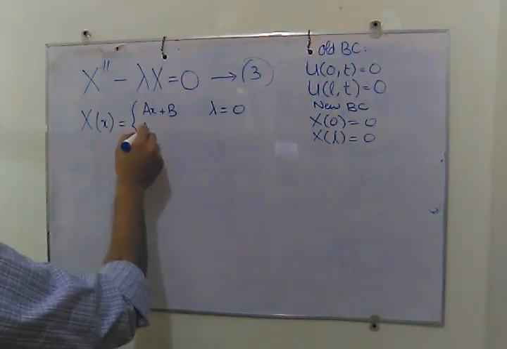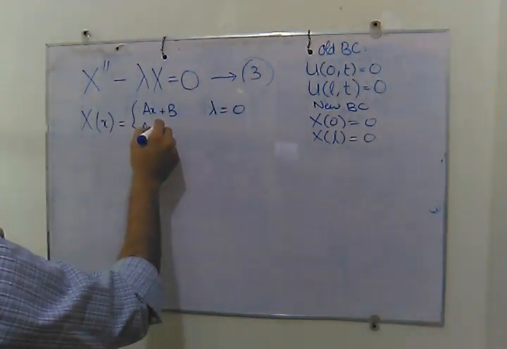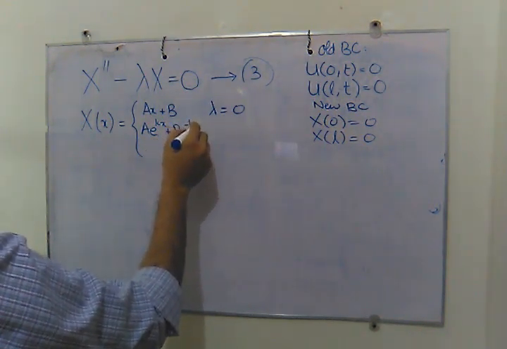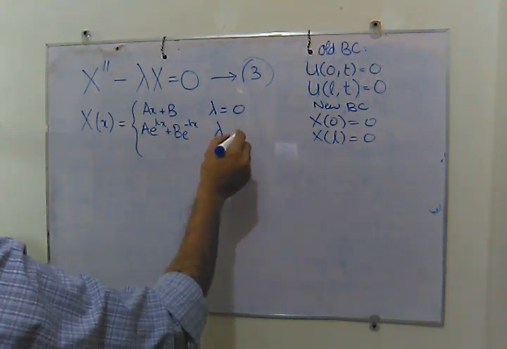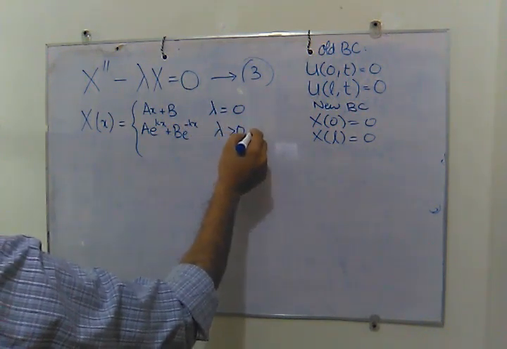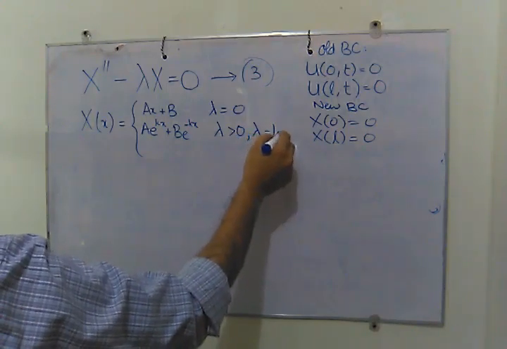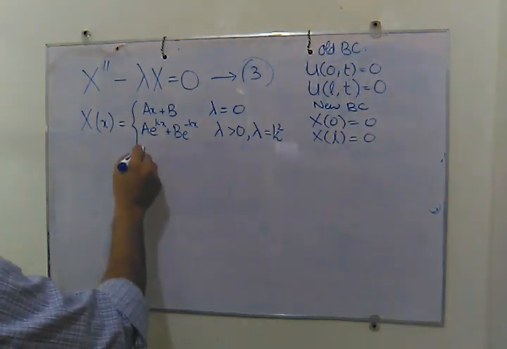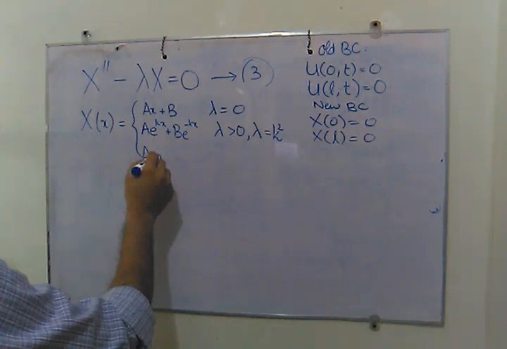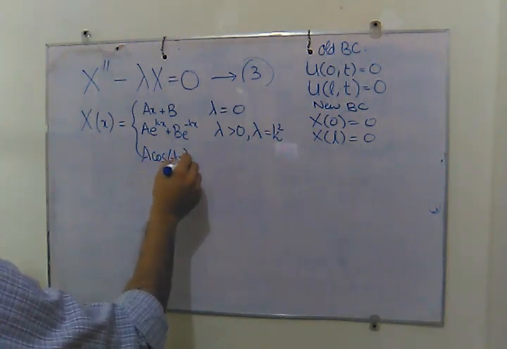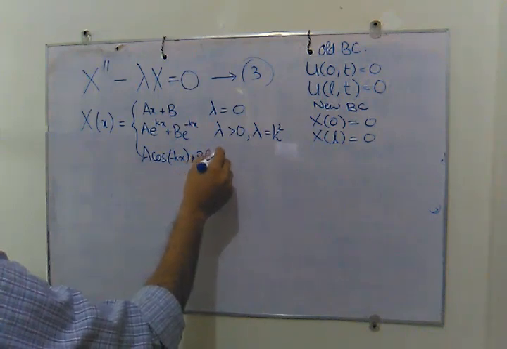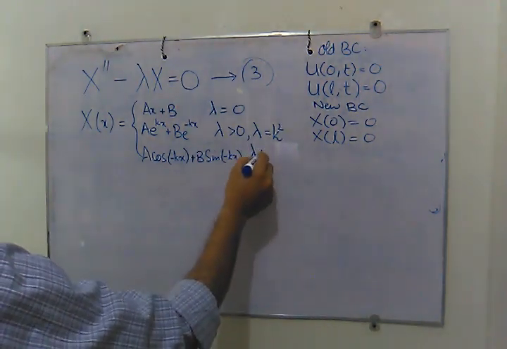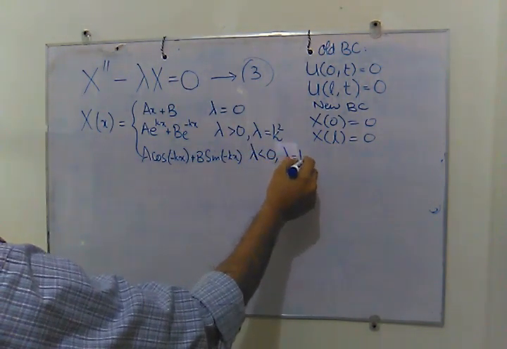It would be a exponential kx plus b exponential minus kx if lambda is greater than 0, or lambda is equal to k square, which has a positive value. It will have a cos kx plus b sin kx if lambda is less than 0, or lambda is equal to minus k square.